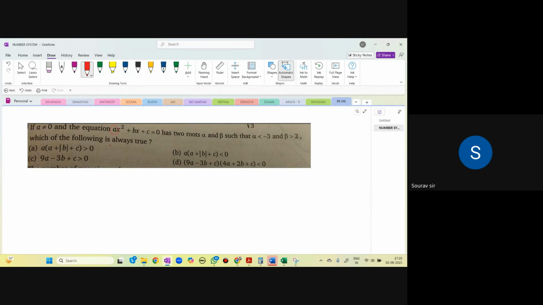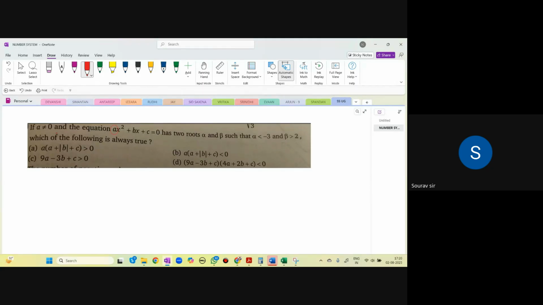Okay. Yeah. Tell me. Sir, can we write B as alpha plus beta and C as alpha into beta and then proceed? So alpha into beta is actually C by A. Oh, yeah, sorry. Yes, sir. C by A. And alpha plus beta would be minus B by A. But how will that help?